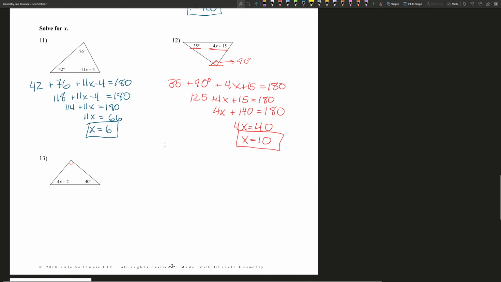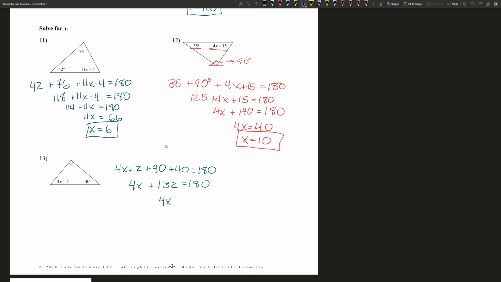Number 13, you do the same thing. We just add those three angles together. So 4x plus 2 plus 90 plus 40 has to equal 180. So 4x plus 132 is equal to 180.